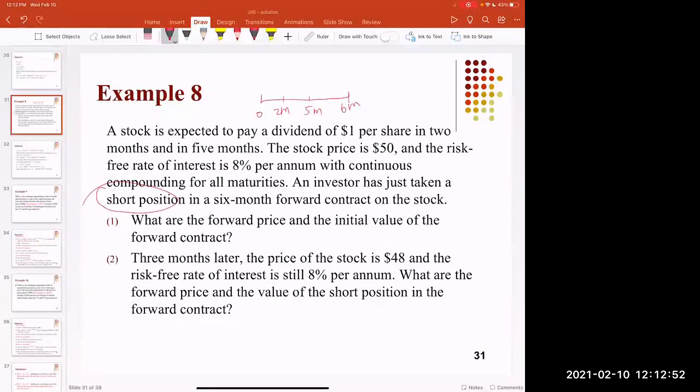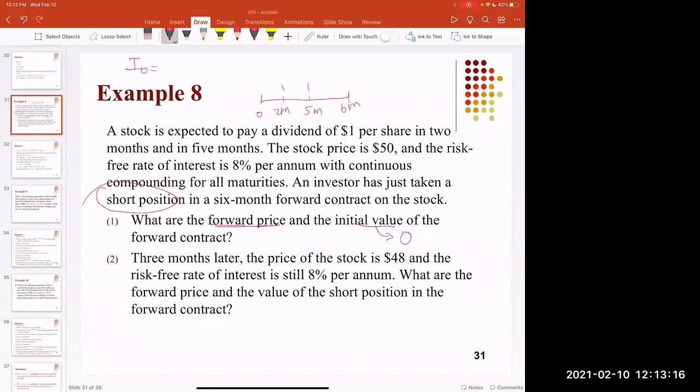Question 1: what are the forward price and the initial value of the forward contract? The initial value, we don't need to calculate, it's 0, right? And what's the forward price at time 0? Before we calculate the forward price at time 0, we need to calculate I0, right? We know $1 in 2 months and 5 months, so let's calculate I0 first.